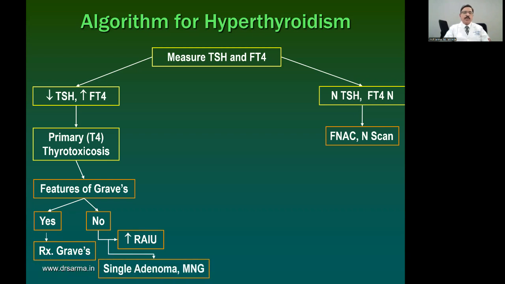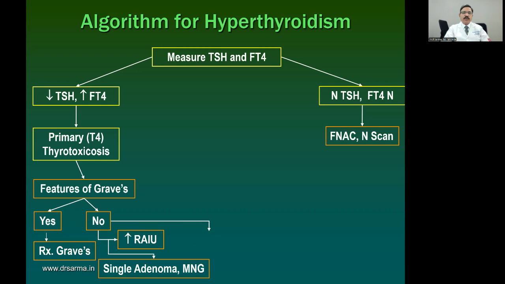Increased radioiodine uptake is in only two conditions: single toxic adenoma and multinodular goiter. In subacute thyroiditis, it is normal. So if the radioiodine is elevated, hyperthyroidism is there, and features of Graves' disease are absent, I am dealing with adenoma and MNG.